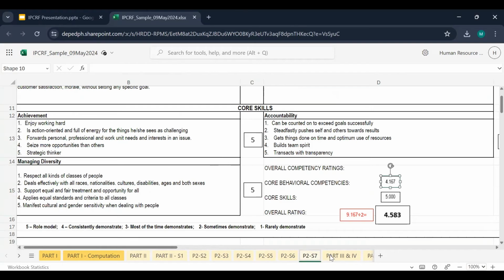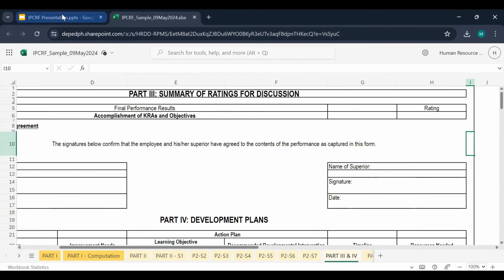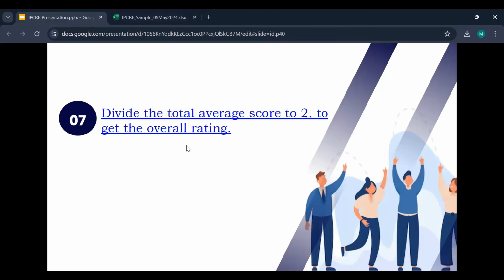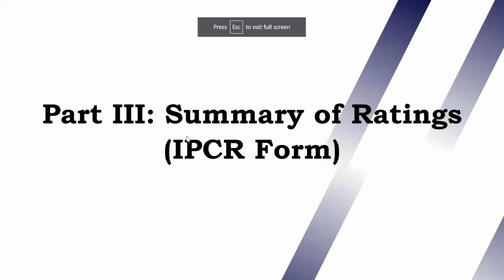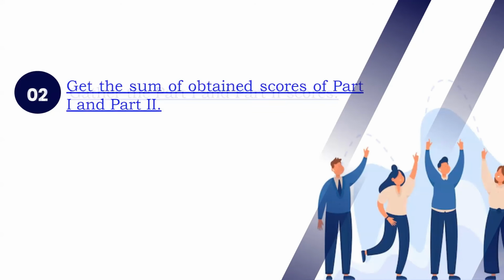So we will be proceeding to part 3 of the IPCRF. Part 3 is the summary of ratings, which is the combination of getting the average of the part 1 and part 2 ratings. So step 1, gather the part 1 and part 2 scores to get the sum of mean scores of part 1 and part 2.